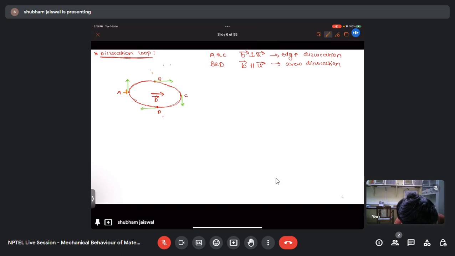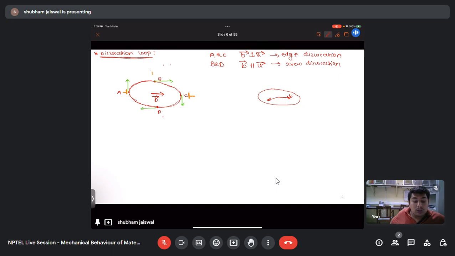So only the sign will be different. Suppose it is moving in the plane or out of the plane, or it is moving in the slide or out of the slide. Then in that case, let's say this is the dislocation loop. This is the direction of the Burgers vector, whether it is moving in the plane or out of the plane. Then in this case, the Burgers vector will always be perpendicular to the line.